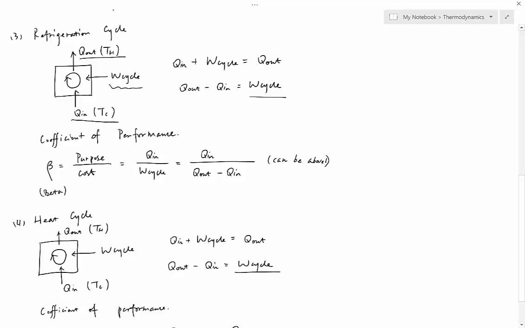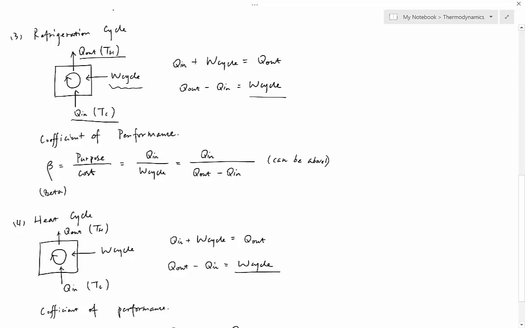And then you may ask, if they have exactly the same diagrams, why do we have different names for each one of them? The top one is called refrigeration cycle, while the second one is called heating cycle. Why is that? The reason is they have different purposes.